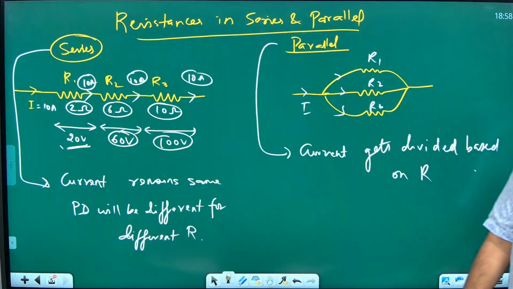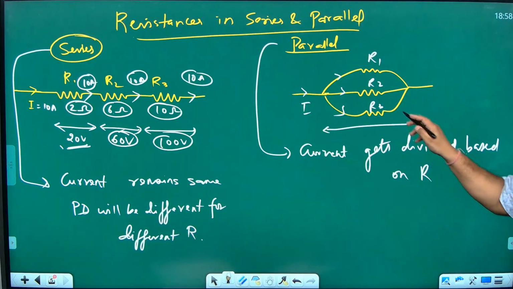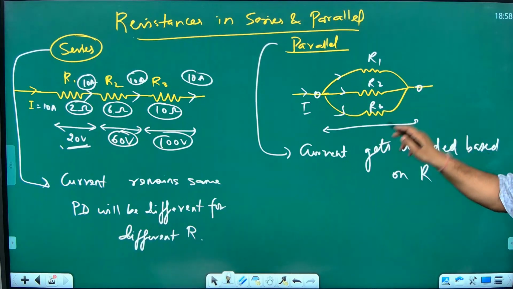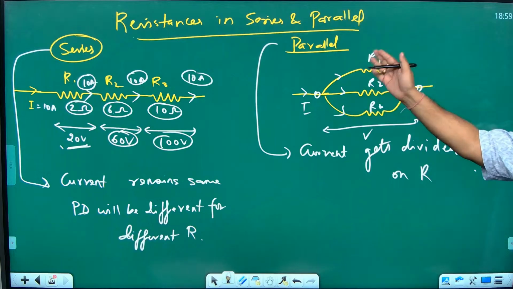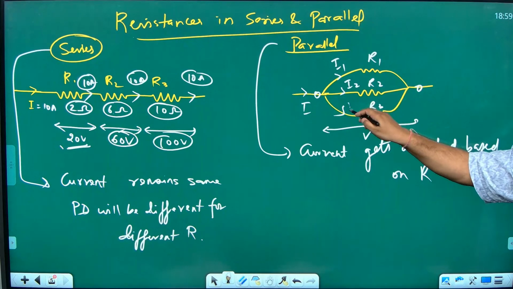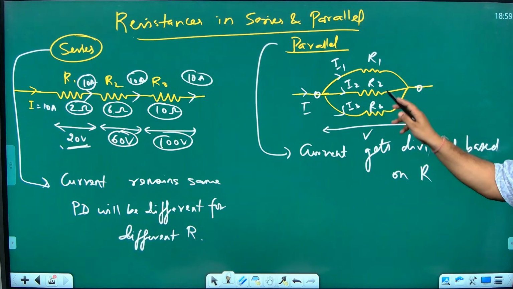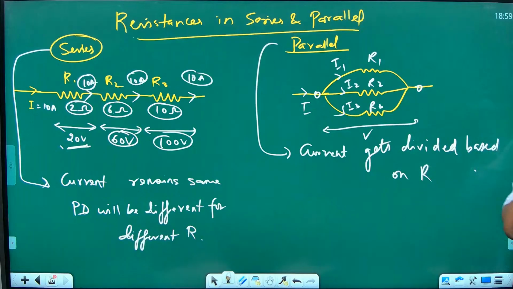And you will be surprised to know that between this point and this point, the potential difference will be same. When you multiply, I1 will go here, I2 here, I3 here, different currents. I1 R1, I2 R2, I3 R3 will always be same.